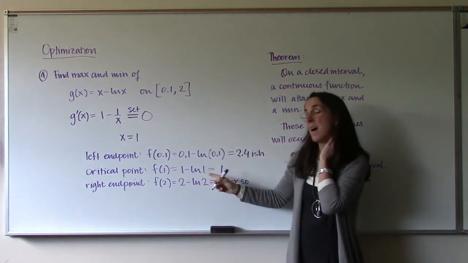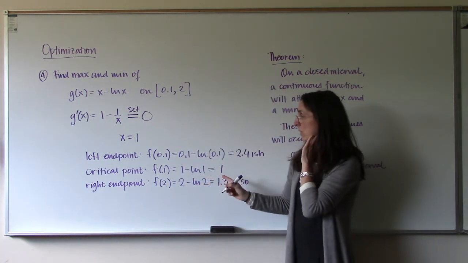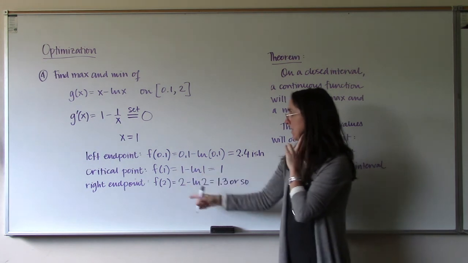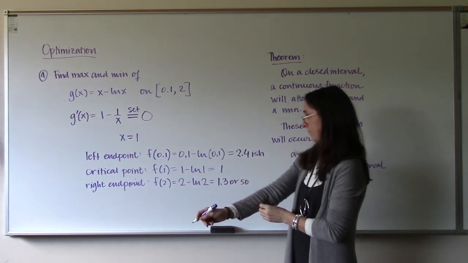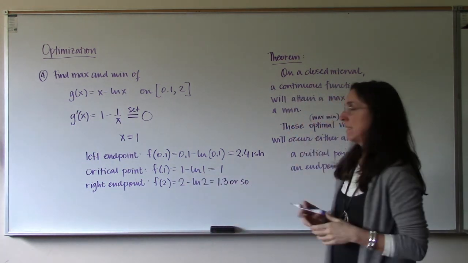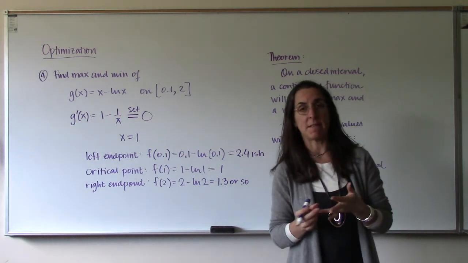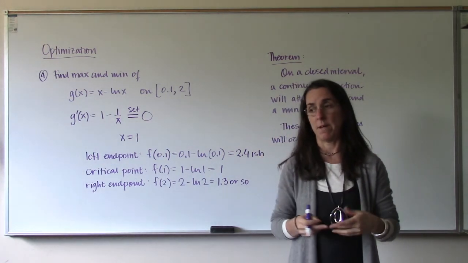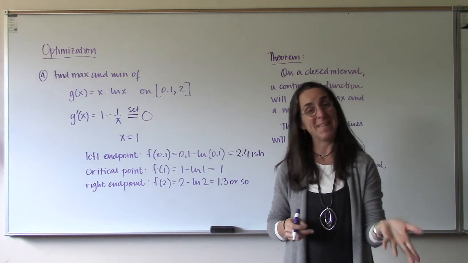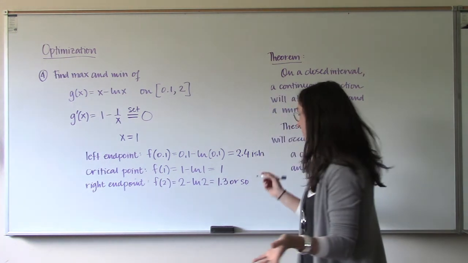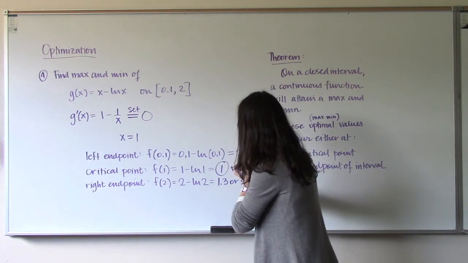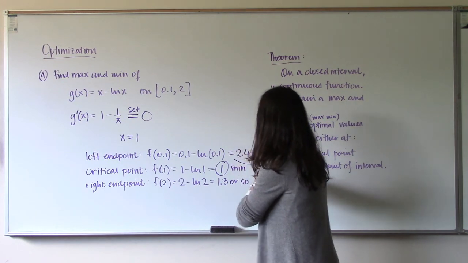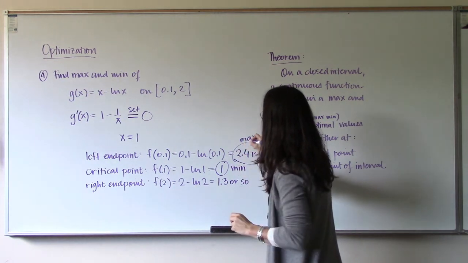Since the log of 1 is equal to 0, the value of the function when x is equal to 1 is also 1. So which of these is the minimum and which of them is the maximum on this closed interval? Well, the smallest one is the minimum and the largest one is the maximum. So this is the min. And this is the max.